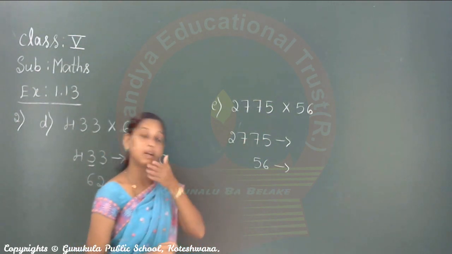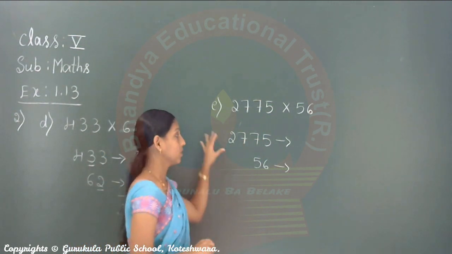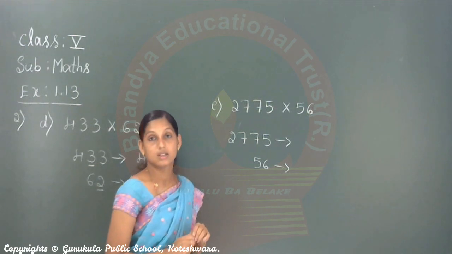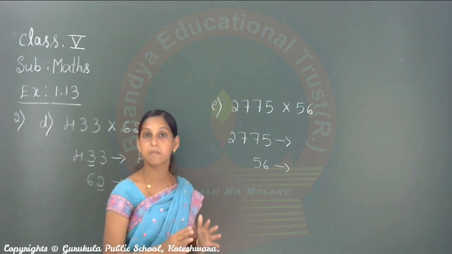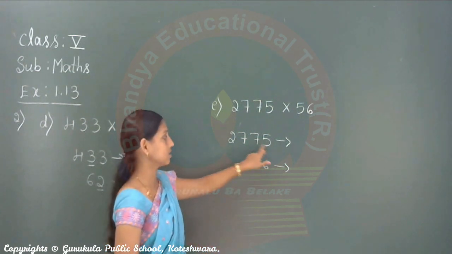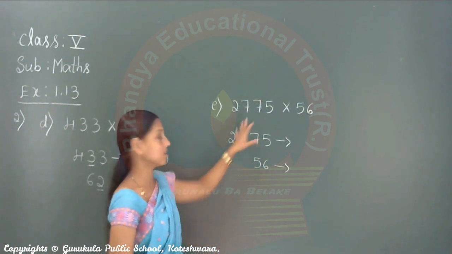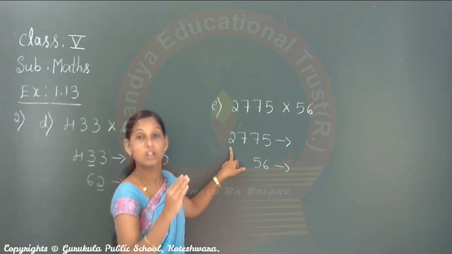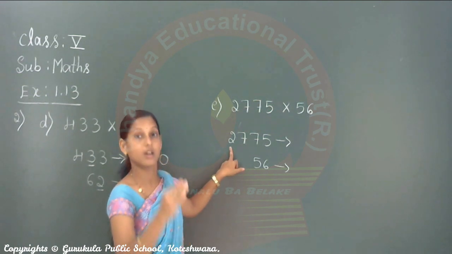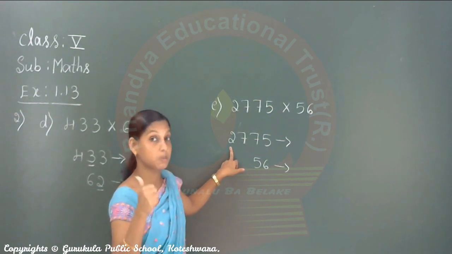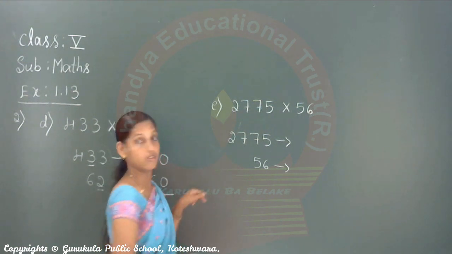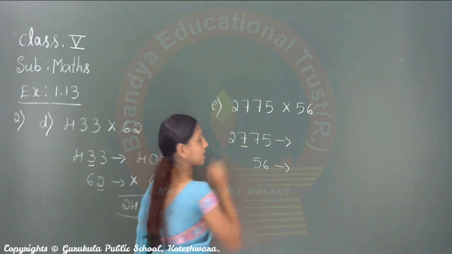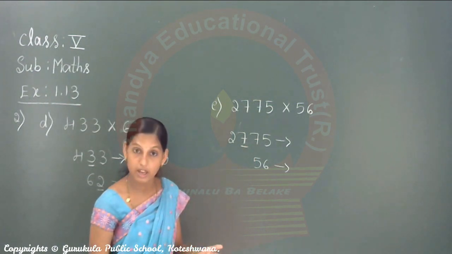In a multiplication, we have to round off the number to its maximum place, that is ones, tens, hundred, thousand. Here the maximum place is 1000. So round off to the nearest 1000. Which place do we have to see? One place less, the hundreds place. What is there in the hundreds place? 7.